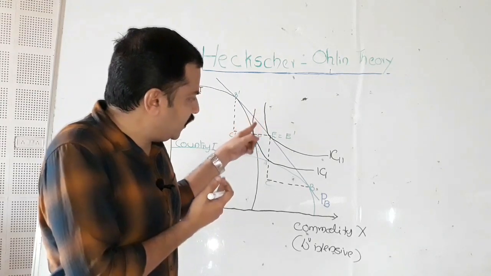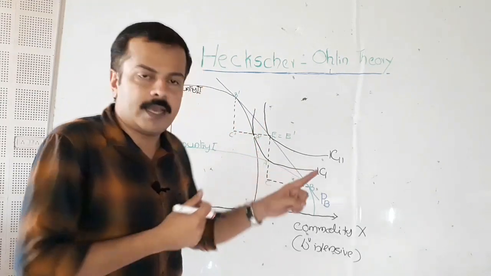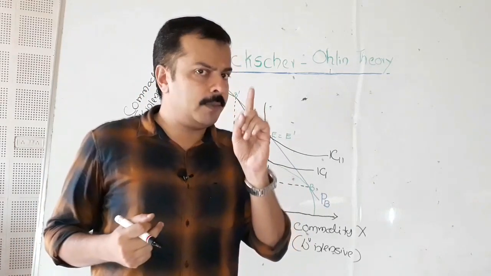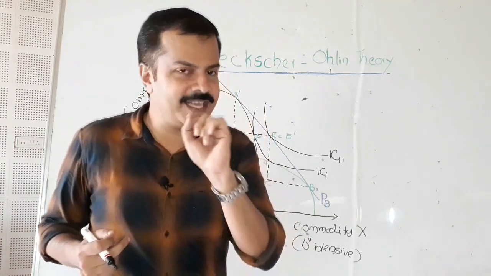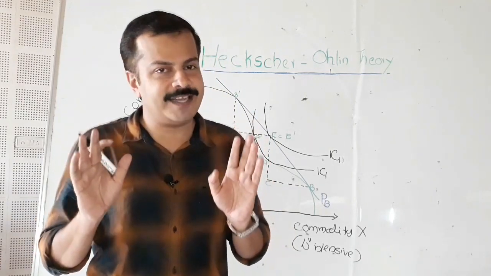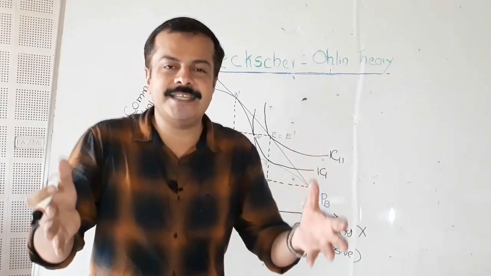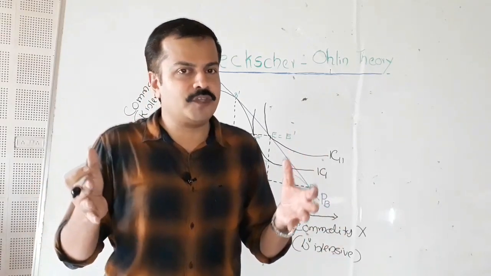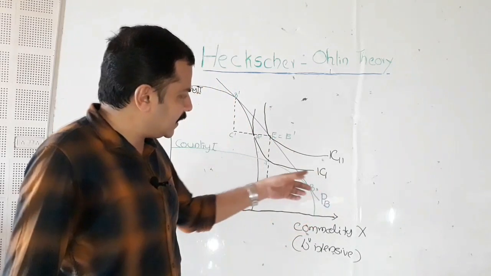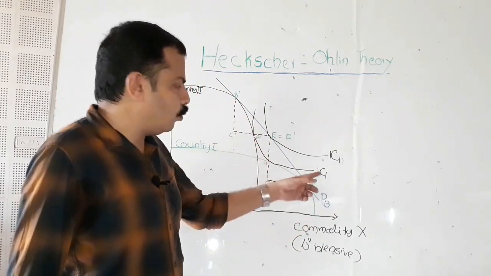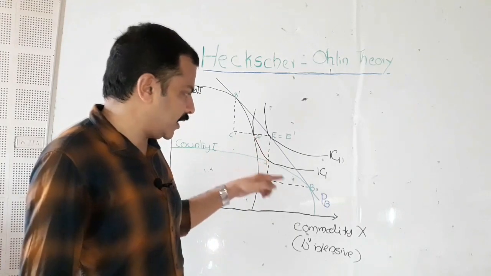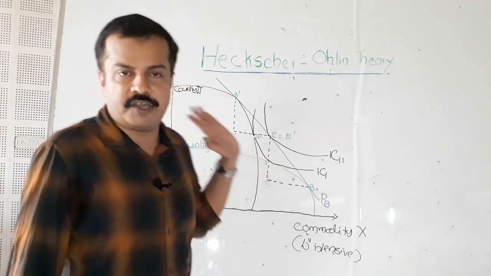The welfare of both countries is represented using a common indifference curve IC1. Why a common indifference curve? We have seen from the assumptions that the tastes and preferences of both countries are the same. So we can represent them using a common indifference curve. So welfare is represented by IC1, and the production points are A for country 1 and A dash for country 2.